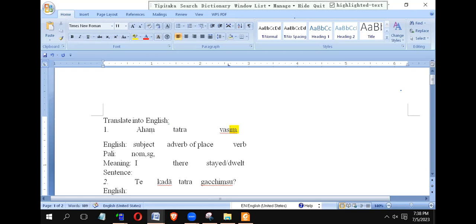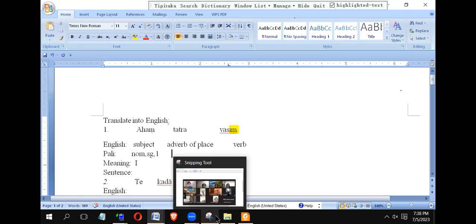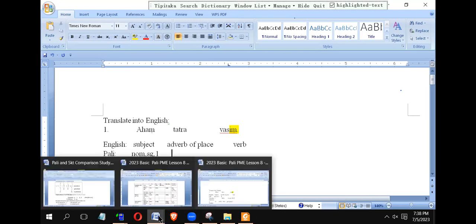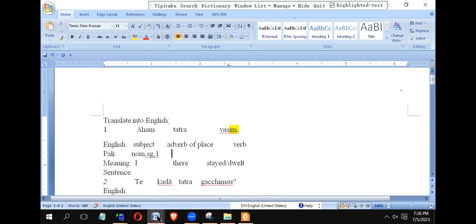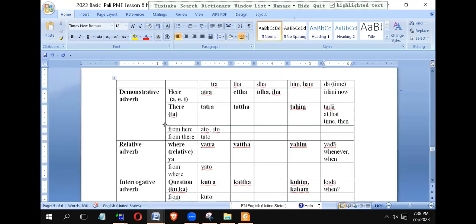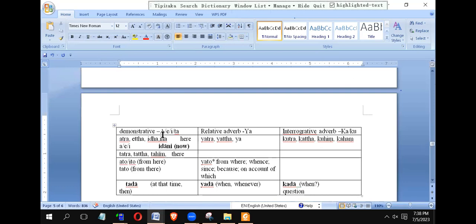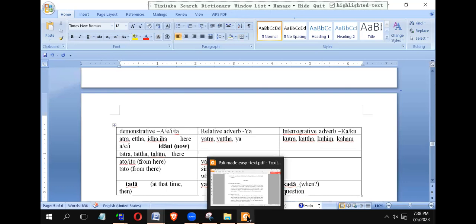Tatra, just now we already see in the notes. Remember the previous lesson?